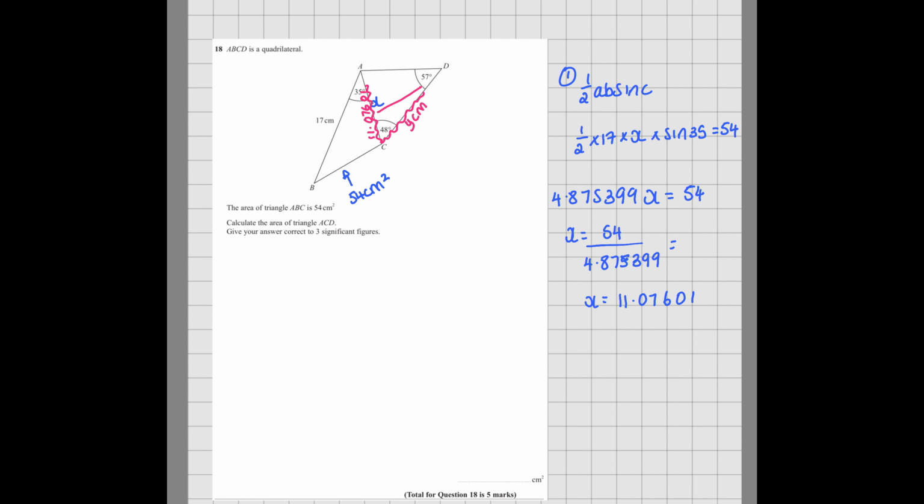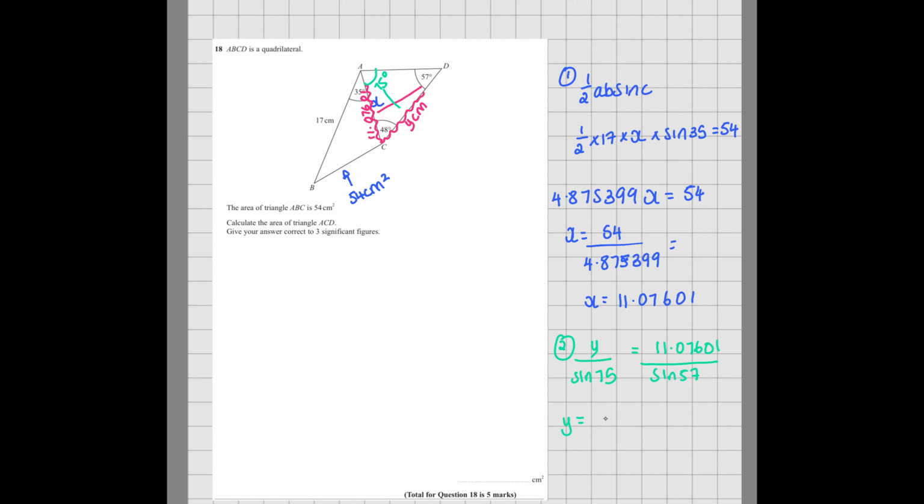Now, to do this, I can use sine rule, but I need this angle first. And I can get that angle by doing 48 add 57, and 180 minus that to get 75 degrees. Now I can use the sine rule and I can do y over sine 75 equals 11.07601 over sine 57.